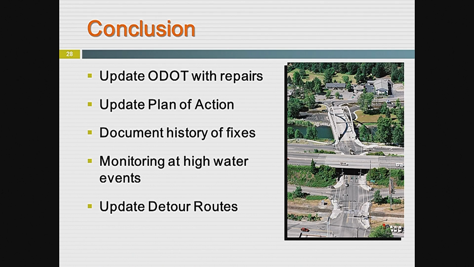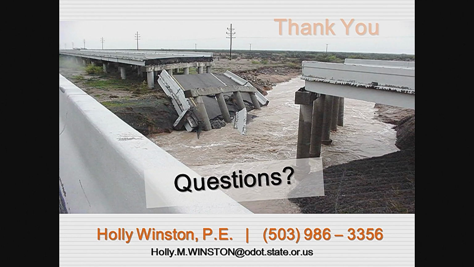And then definitely when you're Scour code 3 and lower, you do need to go and monitor at a high event. So maybe you would have gone out several times this year, because there was so much flooding this year. And then, of course, as things change, you should update the detour route on the plan of action.